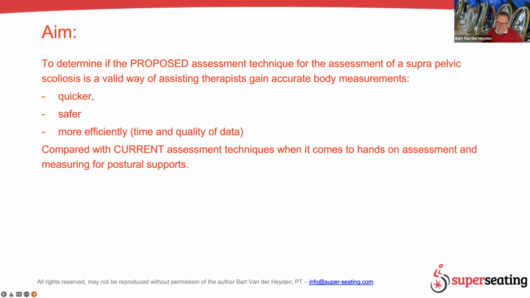I have never done content and face validity. So the whole purpose was to see if the proposed technique offers benefits, and then specifically to gain accurate body measurements quicker, safer, and more efficiently compared to what we currently use, if we currently use something.